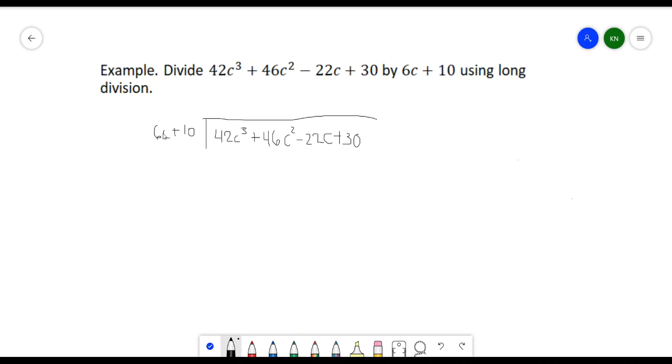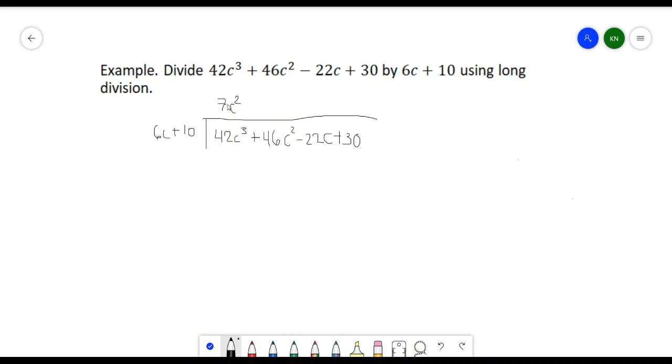So we have 42 divided by 6, that is 7c squared. The tip here is if you add the c squared and the c raised to 1, that should be equivalent to the exponent of our dividend.